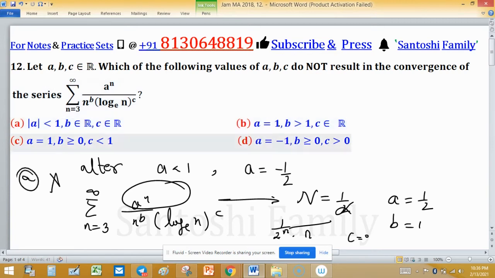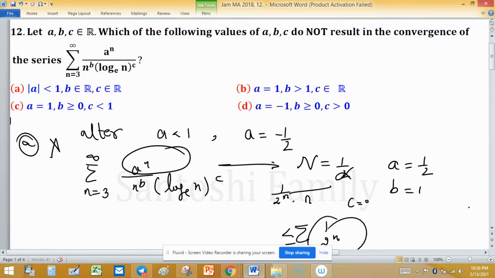In option B, I got option A wrong. Now come to option B: A equal to 1, B greater than 1, and C is a real number. So again choose A equal to 1, it is perfect. B greater than 1, so particularly take B as 2, and suppose C is 0 or 1.